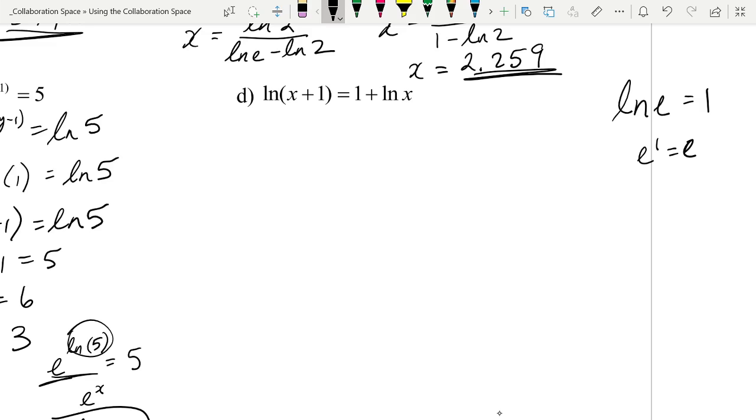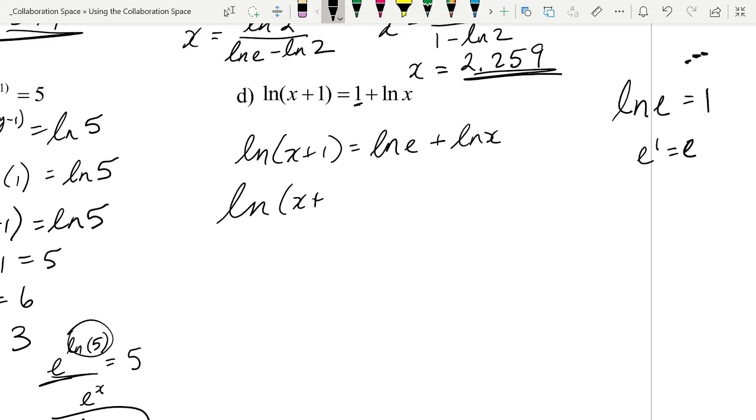So I can turn this 1 into ln e. Now I can use my log laws. Remember that in log laws there is really no difference between an addition and a multiply.